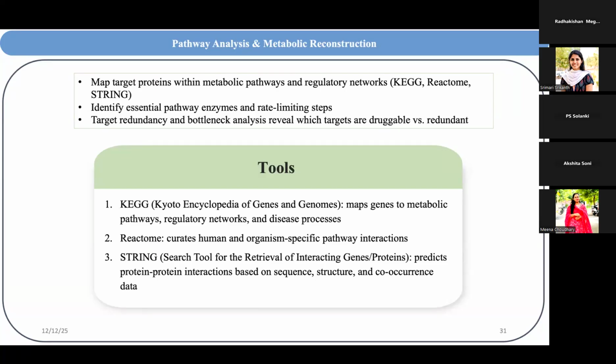The key databases used for it are KEGG, Reactome, and STRING. KEGG has many metabolic pathways, regulatory networks, and disease processes. Reactome has human and organism specific pathway interactions, and STRING is a protein-protein interaction database based on structure, sequence, and literature data.